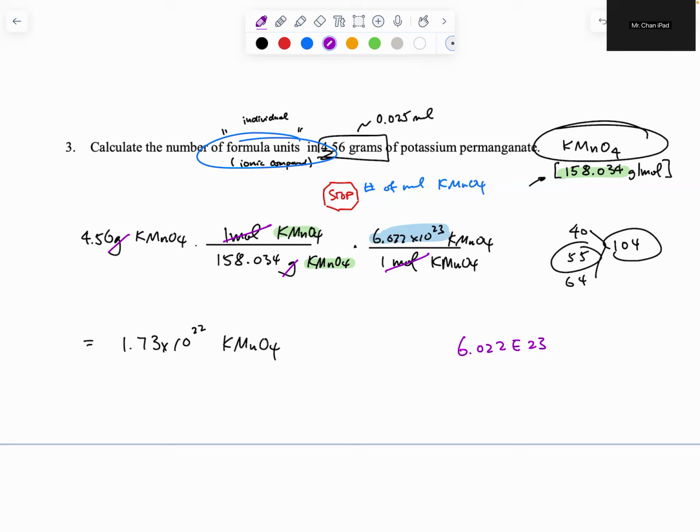On an Inspire calculator, it is this letter right here. So 6.022, press that, and then 23, same thing. Okay, and the reason why I suggest this is because it takes the pressure away from you typing in the parentheses.